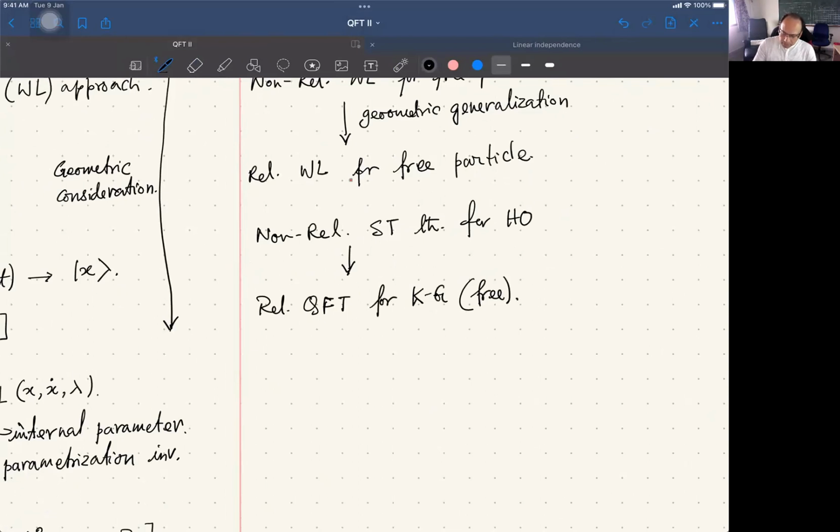And it turns out that this one and this one are physically equivalent.